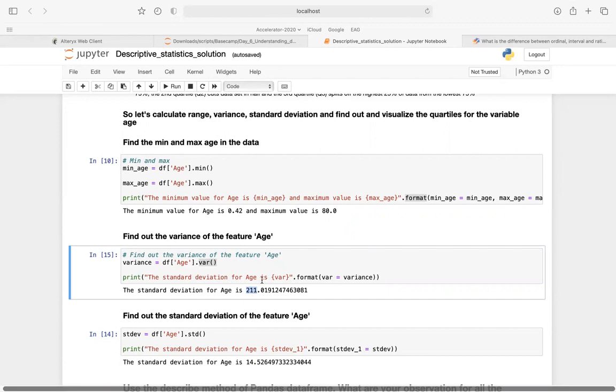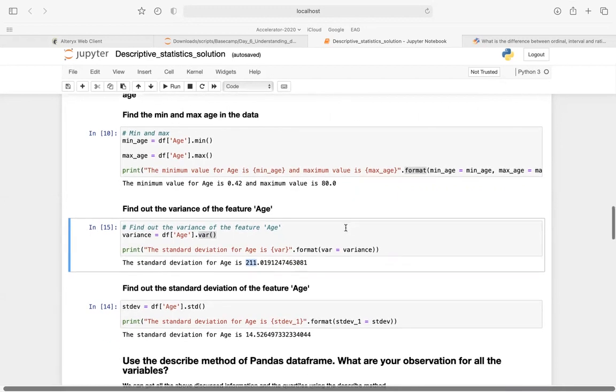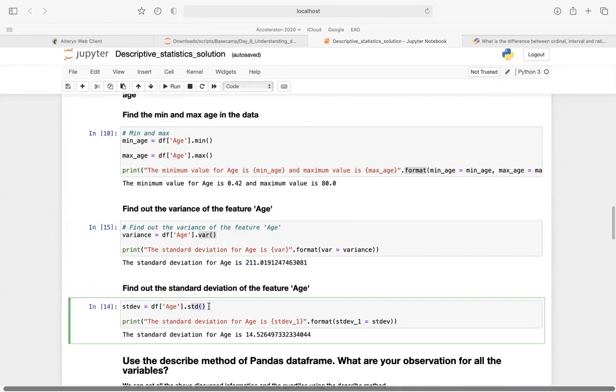So I will not be able to efficiently utilize this information in any of my further tasks, like creating models or maybe understanding the data. I cannot do that because the scale is different. That's why we need a standard deviation, which will convert this particular scale to the scale in which the column age is present.